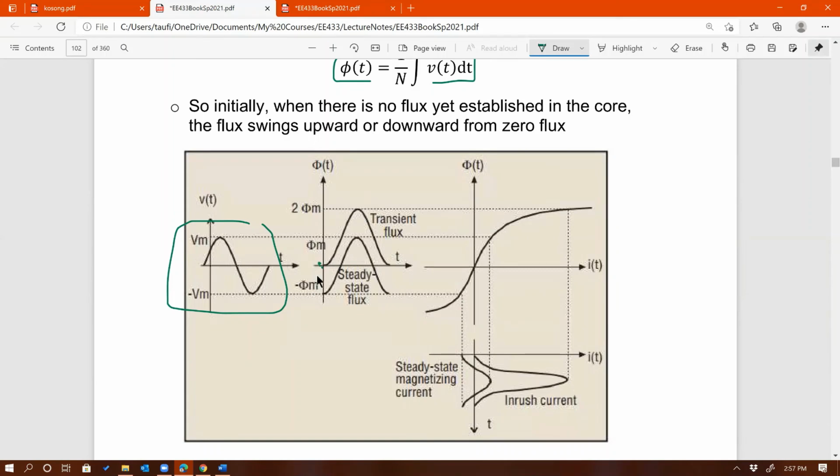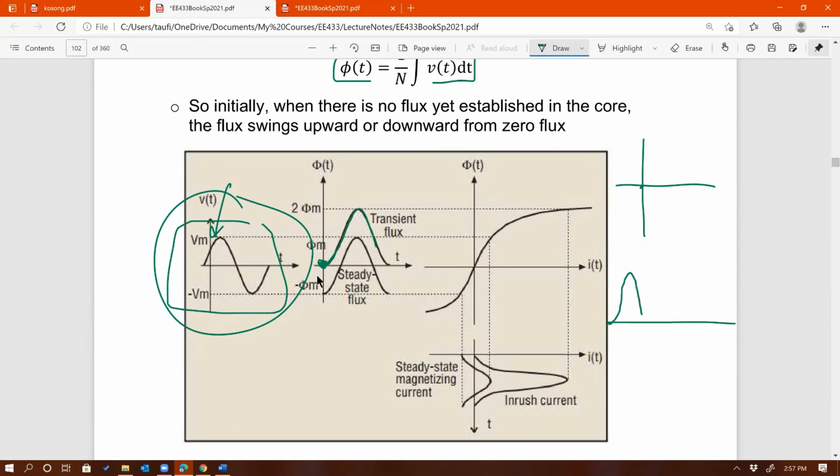Then as voltage increases, flux increases from that 0, following a sine wave, or cosine wave in this case. So rather than following this at the beginning, it's not going to do that, because at the beginning there is no flux yet, so it's going to build the flux first. It's going to start from 0, and then gradually it will take time.